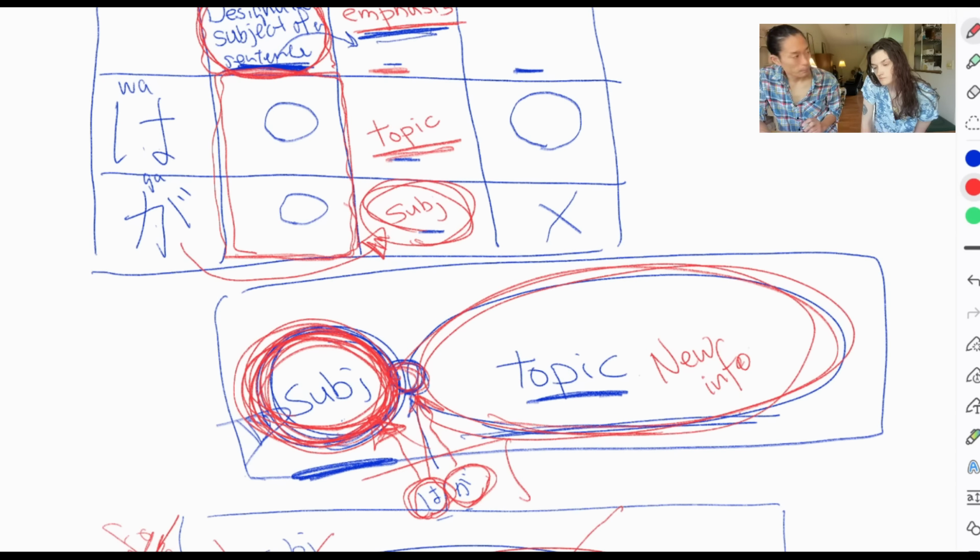With that, you can see it's possible to see two wa in one sentence. Yeah. Because ga doesn't have this function of introducing a topic, we cannot put ga here. Monday, ga. If you put ga, then you are making Monday the subject of the sentence.